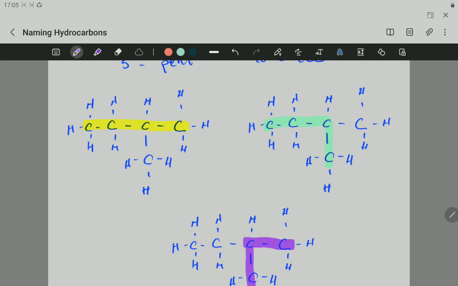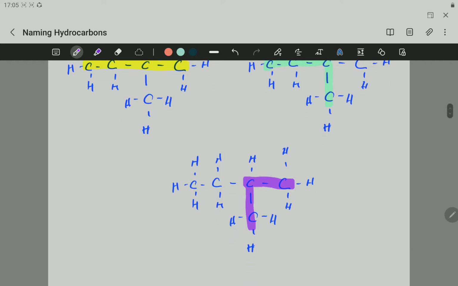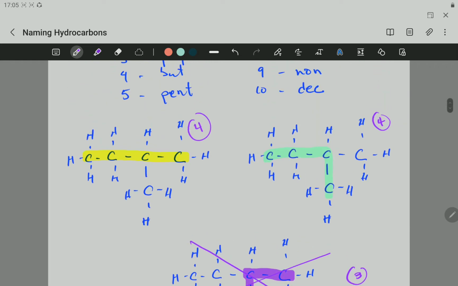In the first one, we have 1, 2, 3, 4 carbons as the longest one. Here we have 1, 2, 3, and 4 carbons. And in the last option, we only have 3. So the last option is out. We look for the one that is longer. So either the first one or the second one has 4. So we can take either of them. However, I think the easiest one is the one that is straight.